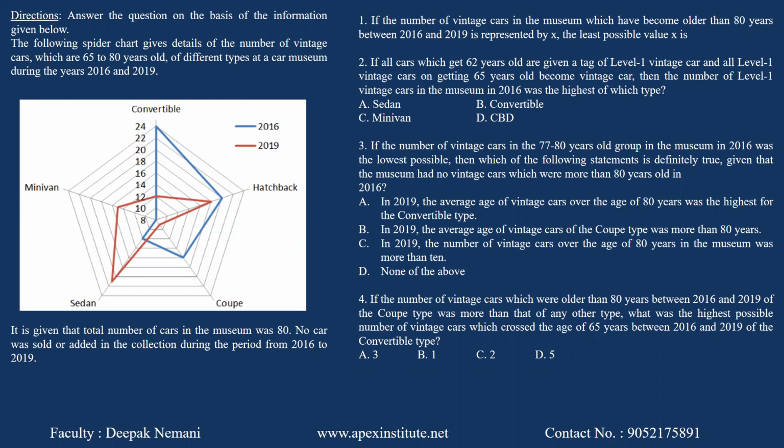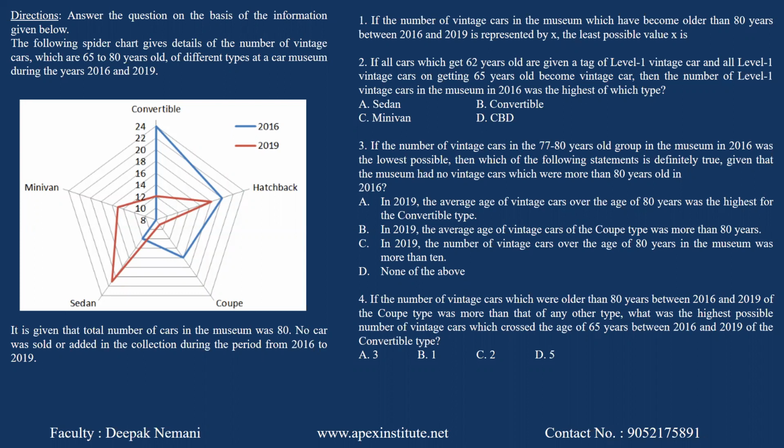We do not know the age of each car. Now it is given that the total number of cars in the museum was 80. So let's remember this statement. Now, no car was sold or added in the collection during the period from 2016 to 2019.